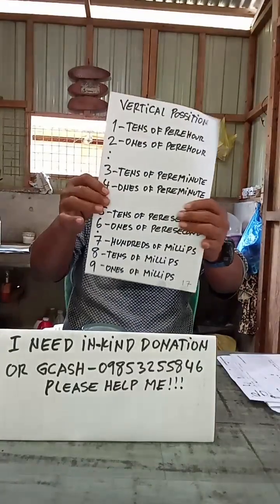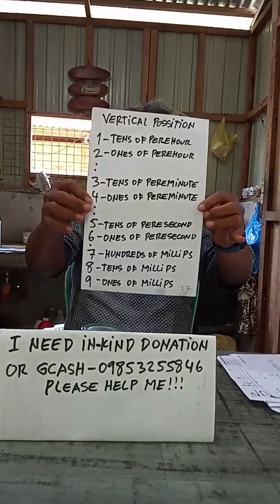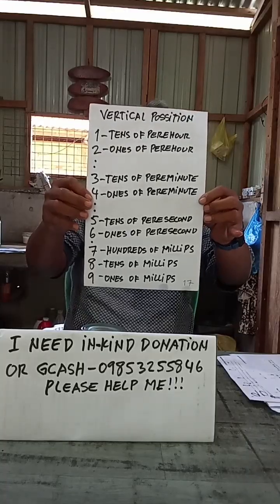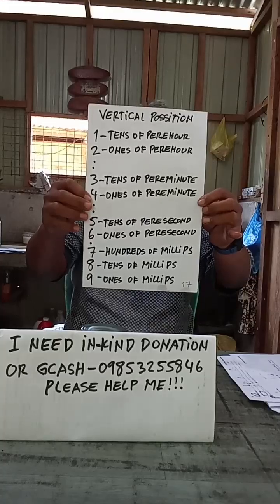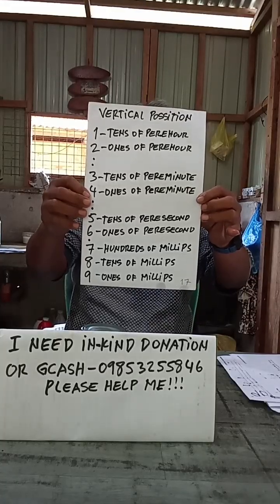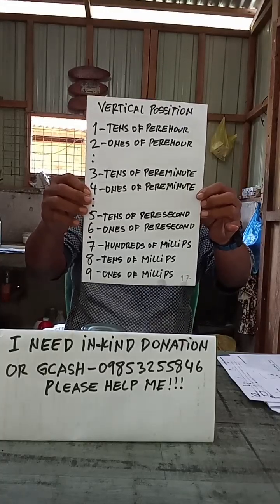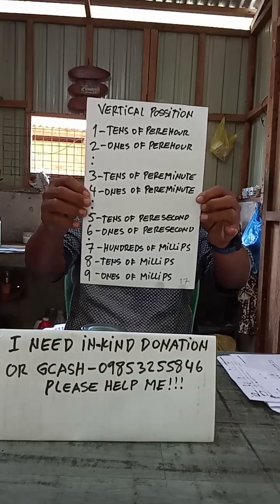So, the place value and vertical position. 1 is tenths of per hour. 2 is ones of per hour. Then colon. Then 3 is tenths of per minute. Then 4 is ones of per minute.